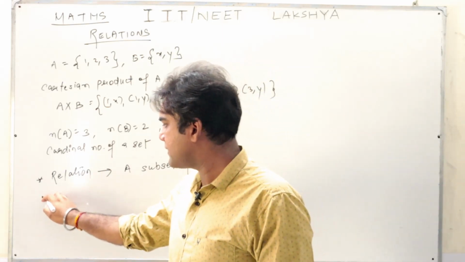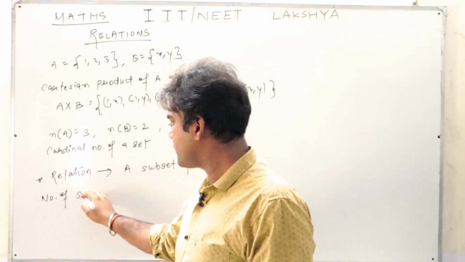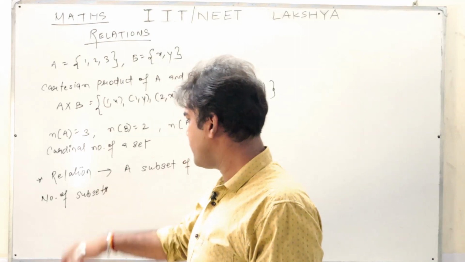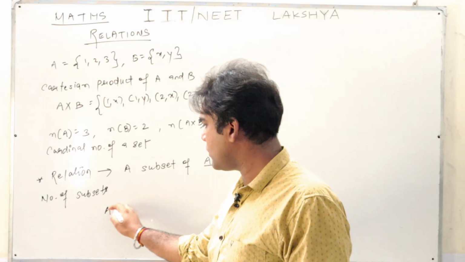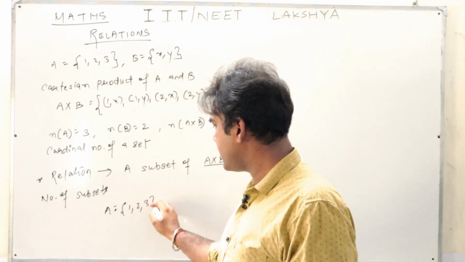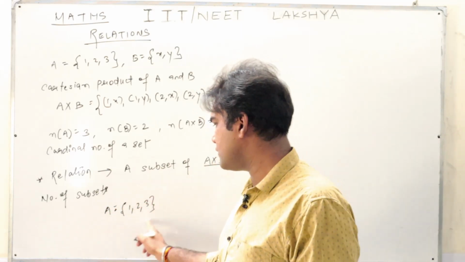Number of subsets. For example, suppose there is a set A, which is 1, 2, 3. Then how many subsets can you create of this set?